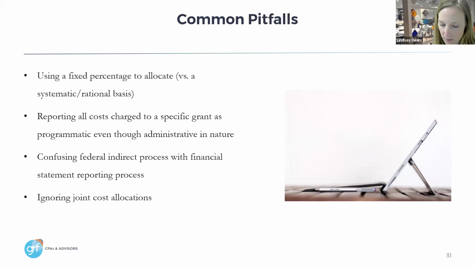The last one on this page has to do with joint cost allocations. We have clients that have, for example, a direct mail campaign where they are furthering the purpose of their organization. They're sending out information to the public that might benefit them. However, at the same time, they might be requesting funds back, so it's an appeal for funds as well.